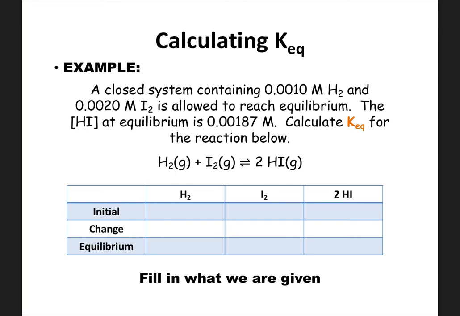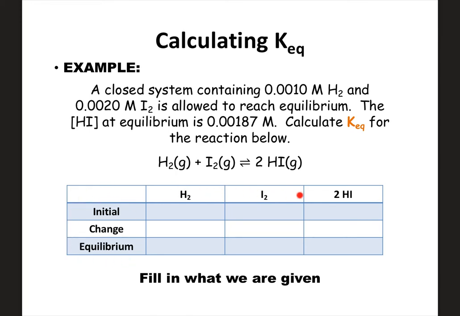They told me the concentration of the HI at equilibrium. So I set up my ICE table right away, as soon as I know this is going to be an equilibrium problem and I don't have all the concentrations at equilibrium. You can see your initial, change, and equilibrium there on the left.